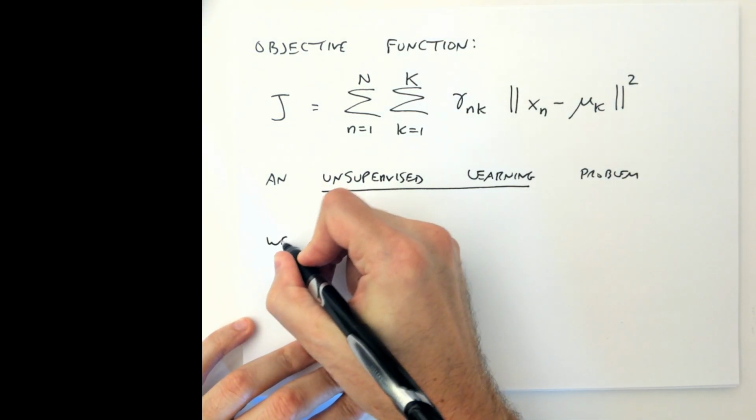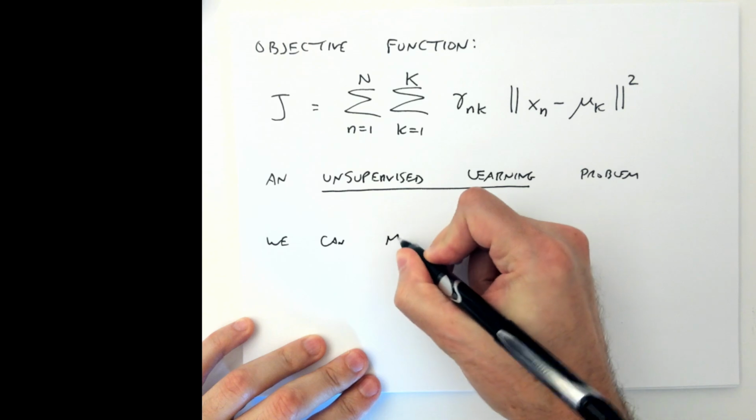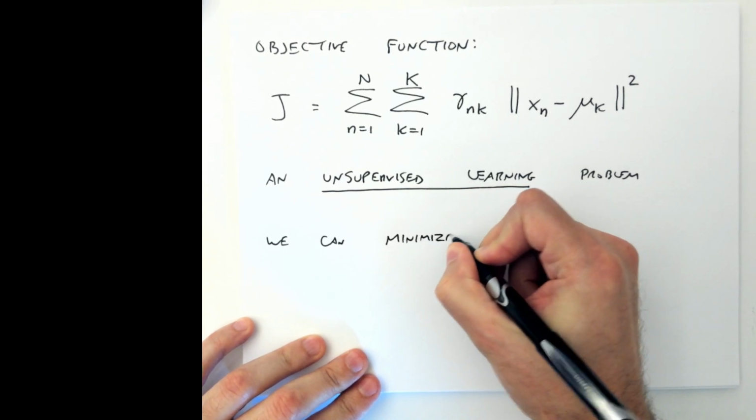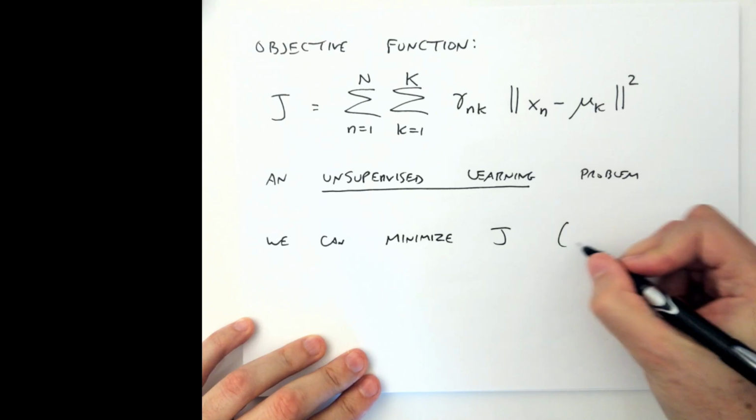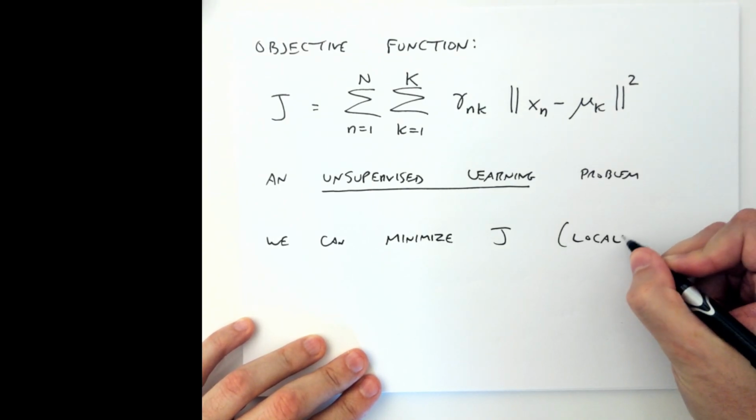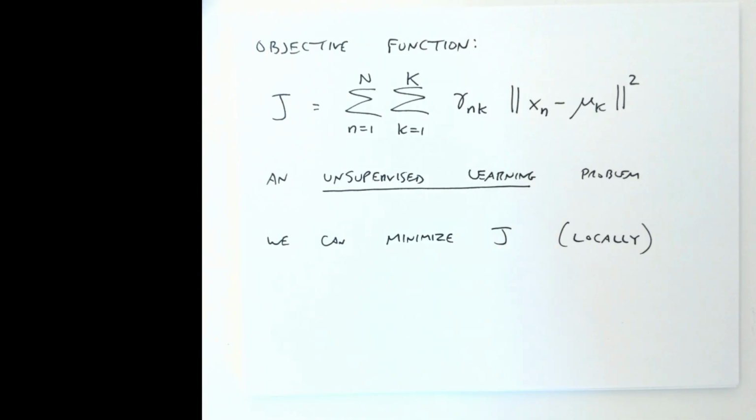So we can minimize J, and this gives what's called a local minimum. We'll talk about optimization next week, but basically we can get to a point where, as we keep alternating these steps, nothing is changing anymore, and we know that's a local minimum of the cost function.